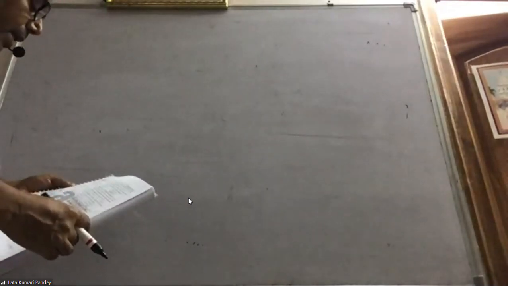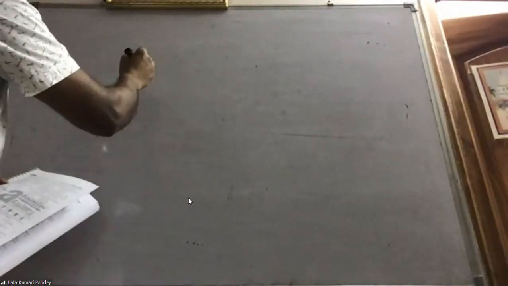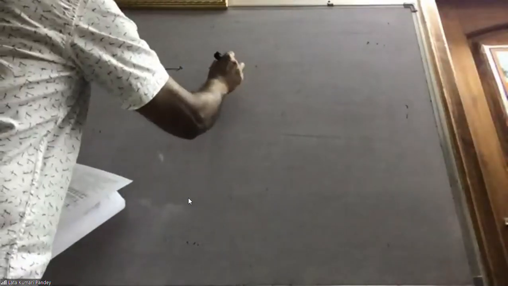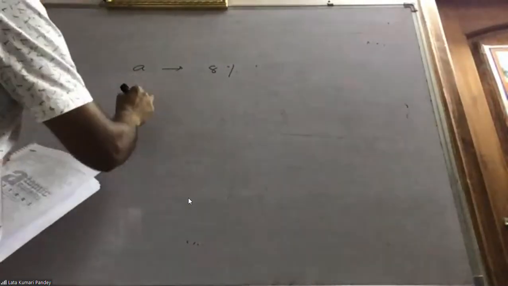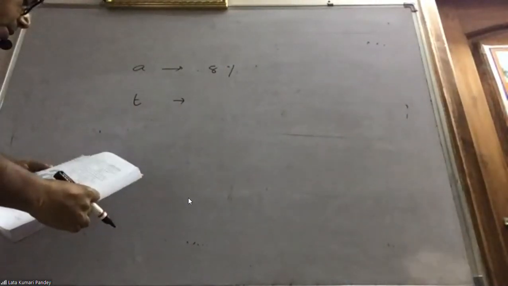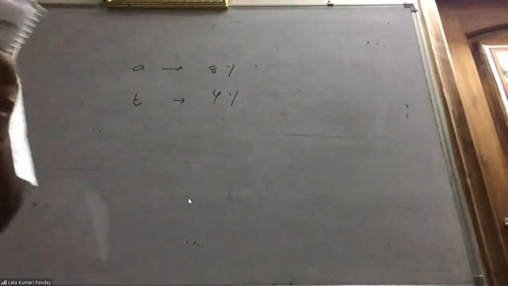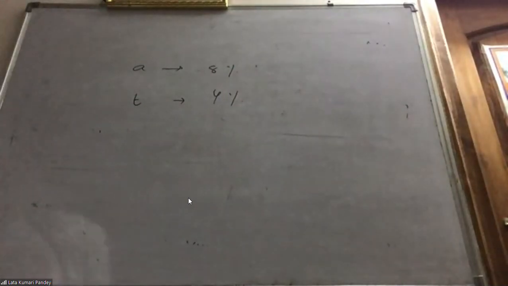The uncertainty in a is 8% and the uncertainty in t is 4%. Then what is the uncertainty in speed?